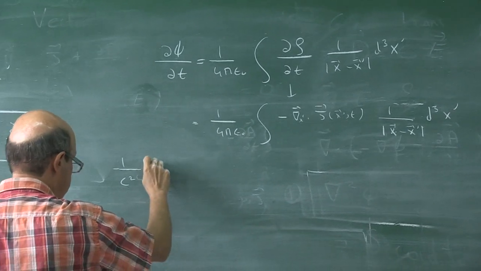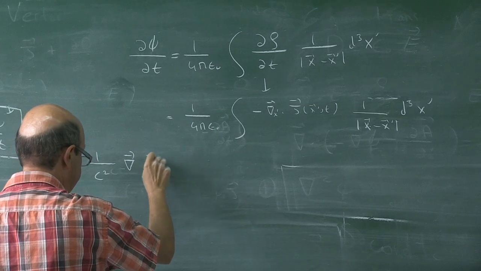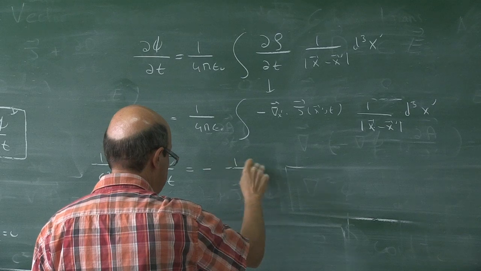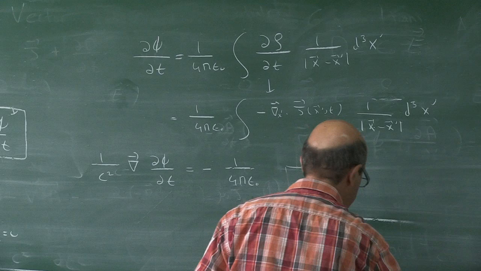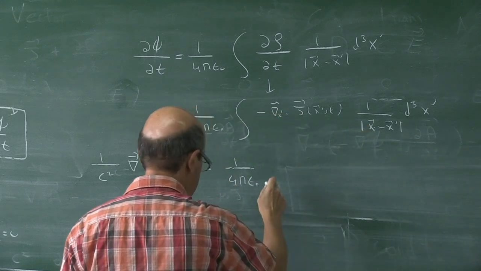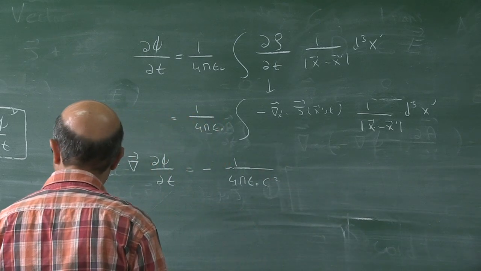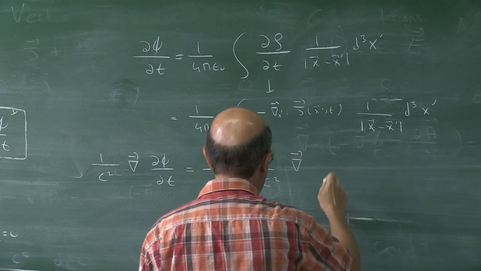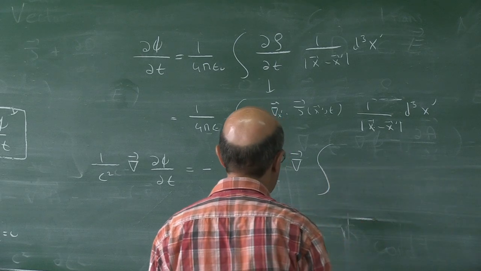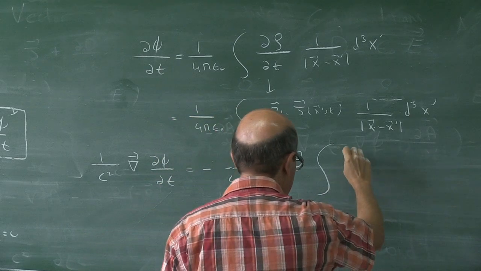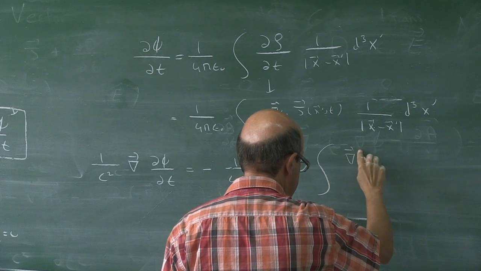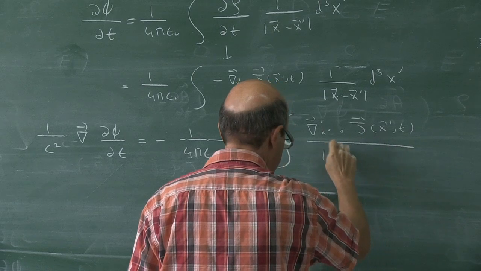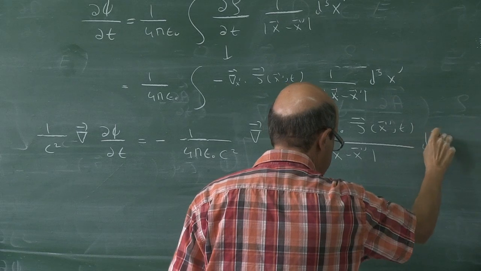This term will be gradient del phi over del t is equal to minus 1 over 4 pi epsilon 0 c square, gradient with respect to x, divergence of x prime dot current density, divided by x minus x prime, integrated d cube x prime.